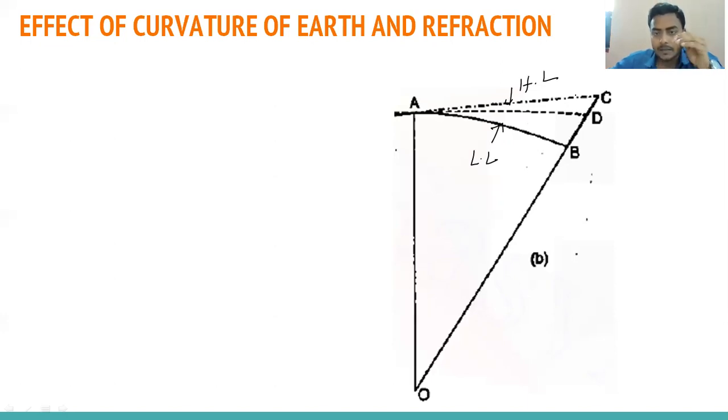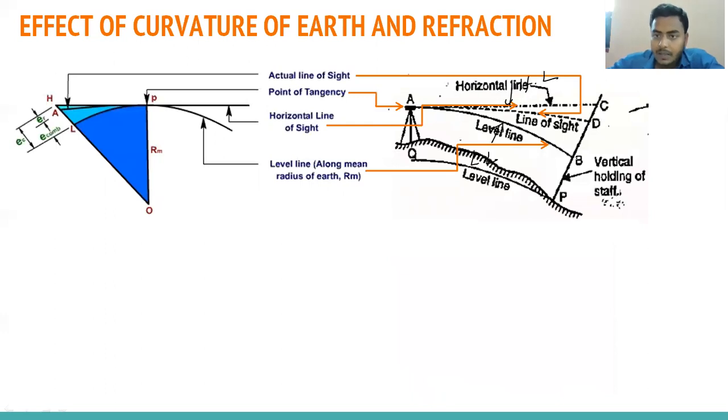So the AC line gets deflected towards the Earth. We are taking reading on the leveling staff, you can see, this one.